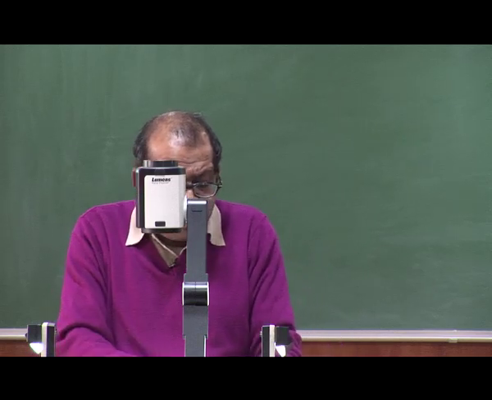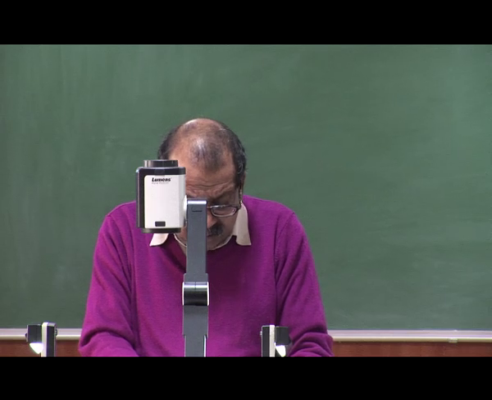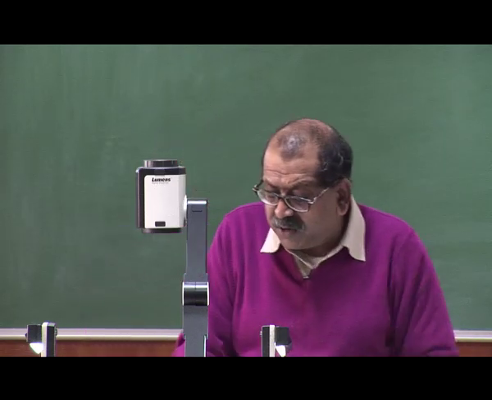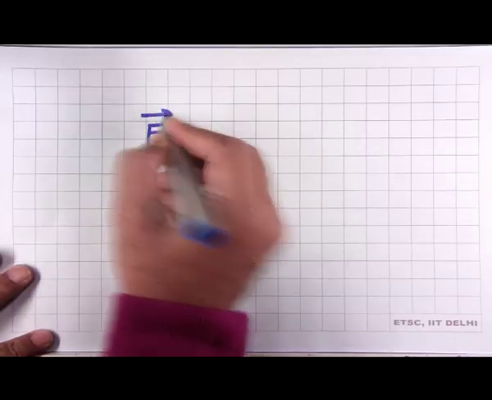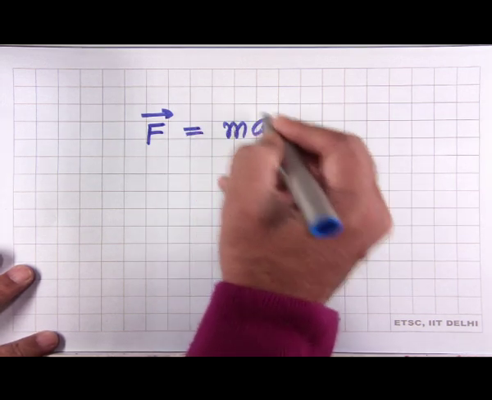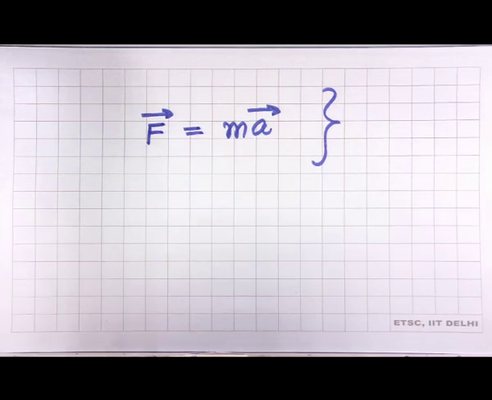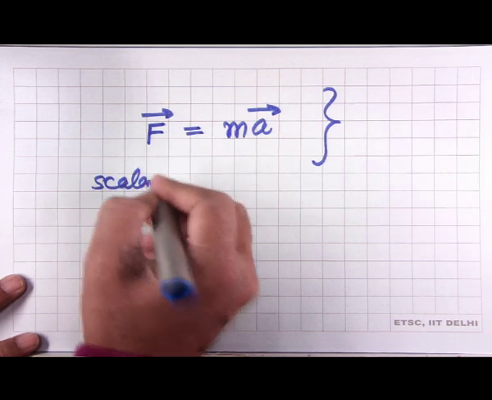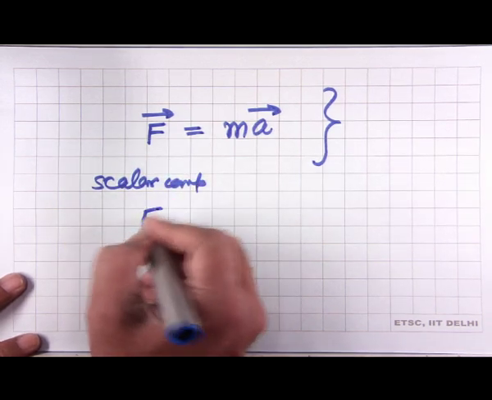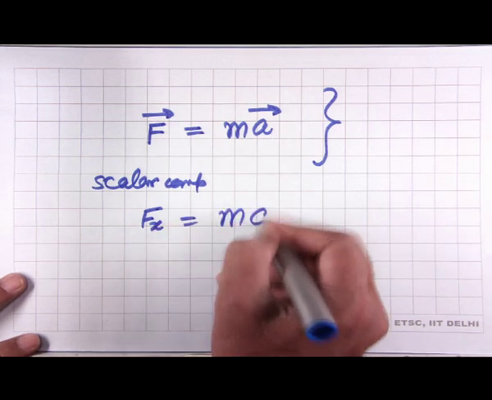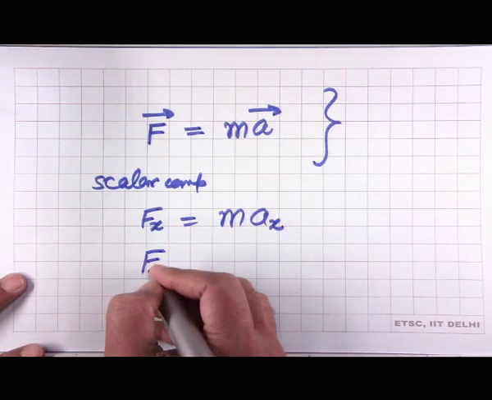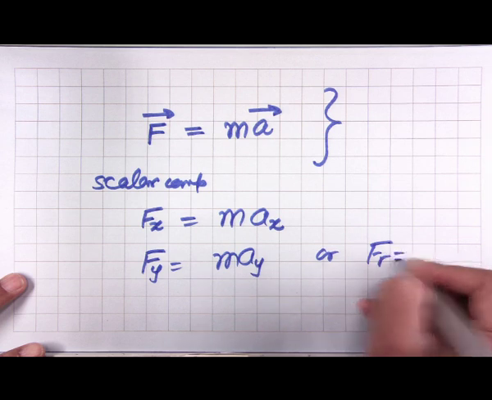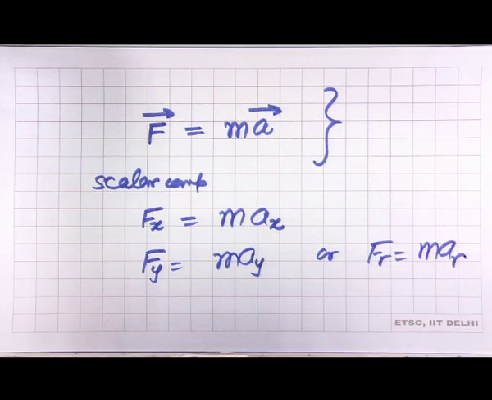So, what we have seen is that we have solved problems involving forces on bodies, and to solve these problems of mechanics we are using the equation F is equal to ma. This is a vector equation. We divide it into its scalar components: Fx is equal to mass times acceleration in the x direction, Fy is equal to mass times acceleration in the y direction, or Fr is equal to mass times acceleration in the radial direction.